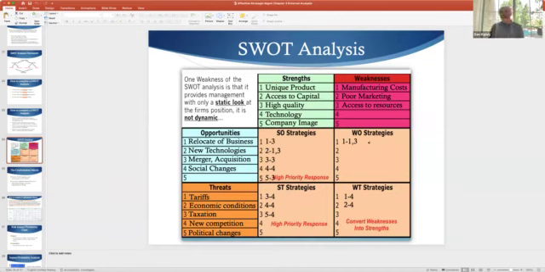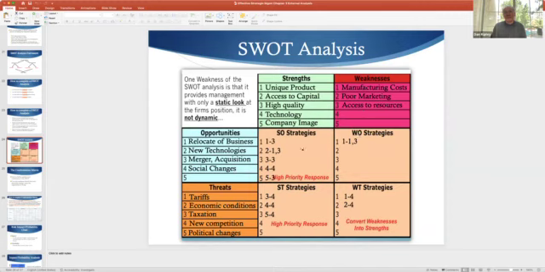Now, on the weaknesses opportunity side here, we've only identified one, and that one is manufacturing costs. Now, what we're looking at in this particular case, are these opportunities such that it can mitigate that weakness that we have there? And in this case, 1, relocate the business would mitigate manufacturing costs.